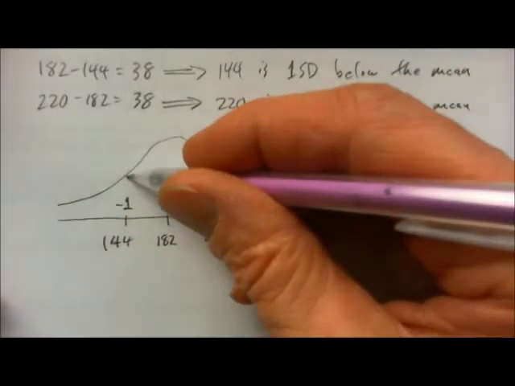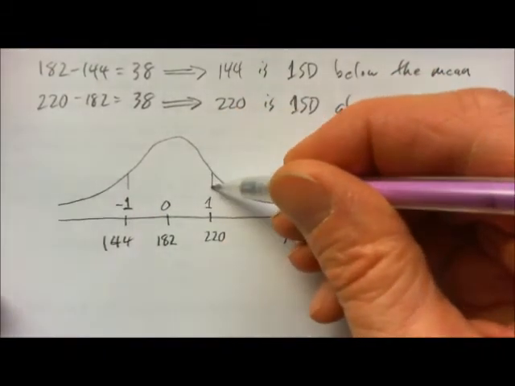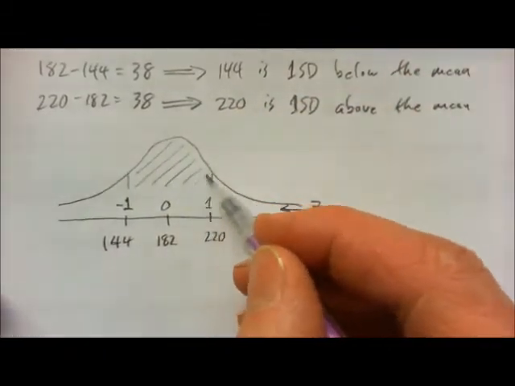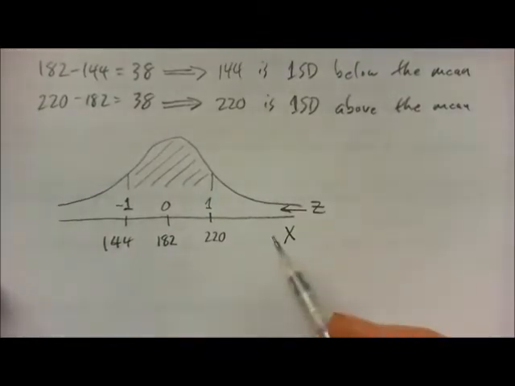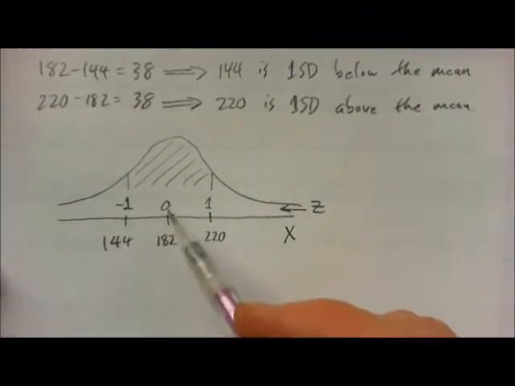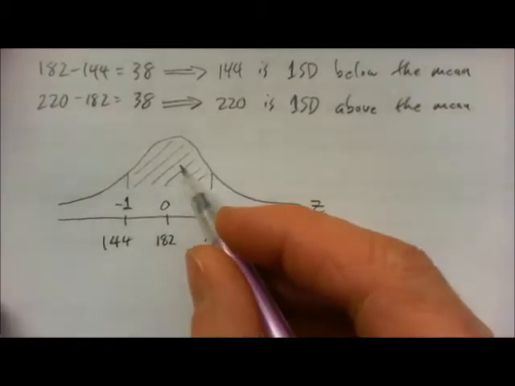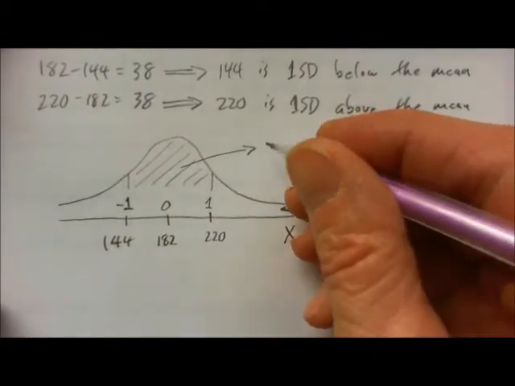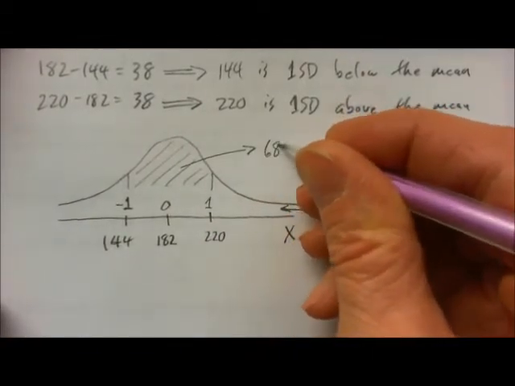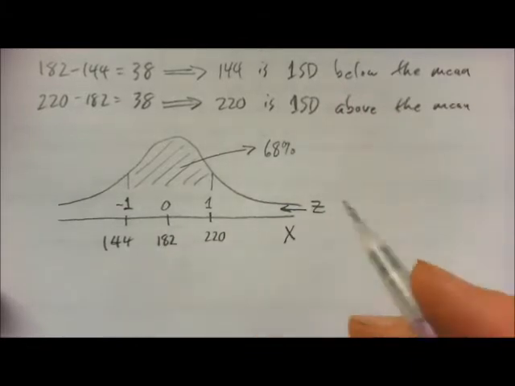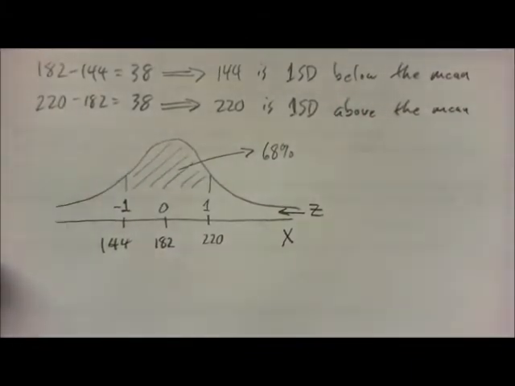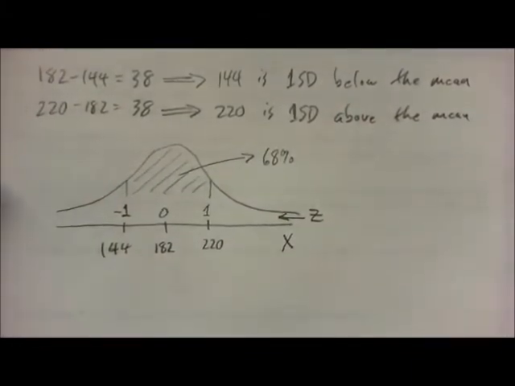So if we want to know the probability that a randomly selected young man will have a cholesterol level between 144 and 220, we're really asking what's the probability that their cholesterol level is within one standard deviation of the mean. And we know from the 68, 95, 99.7 rule that that is 68%. So that's the probability of randomly selecting a young male whose cholesterol level is between 144 and 220.